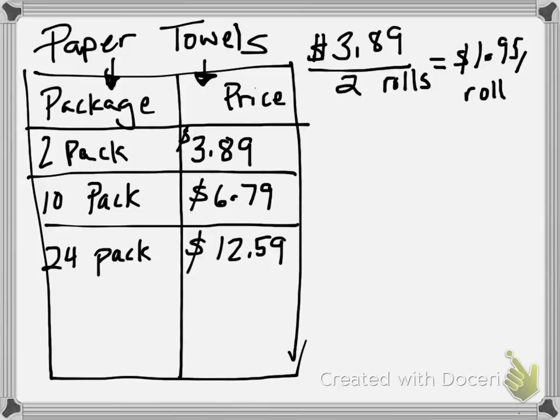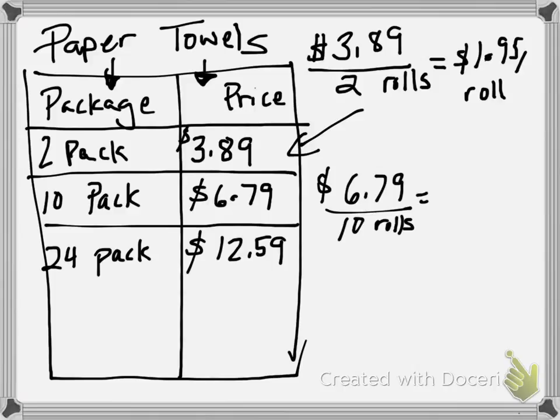Okay. So how about my next one? My next one, I'd have $6.79 for 10 rolls. Well, if we know dividing by 10, we can move our decimal point. So this is going to be 68 cents per roll if I buy it in the 10 pack.